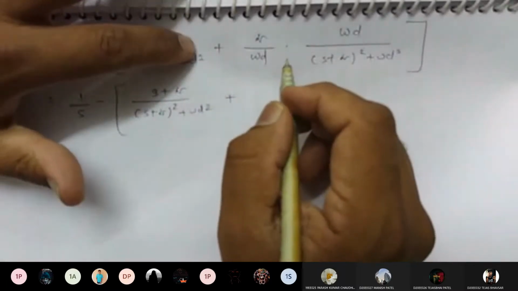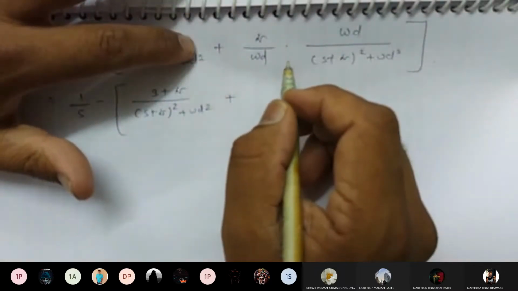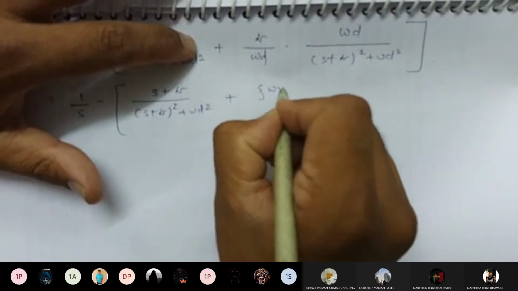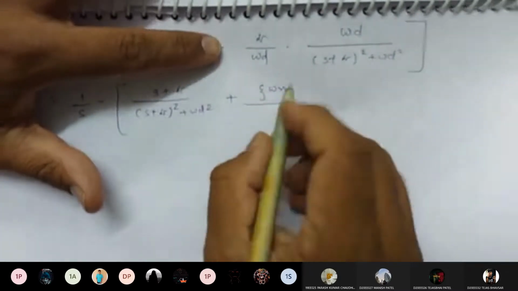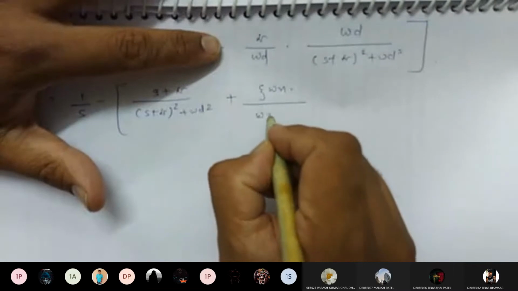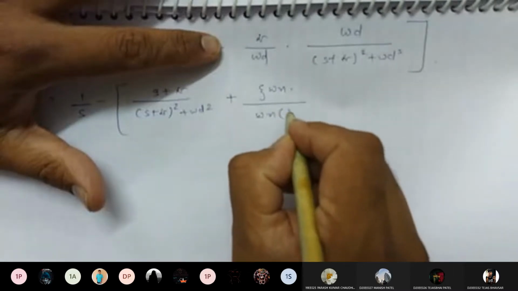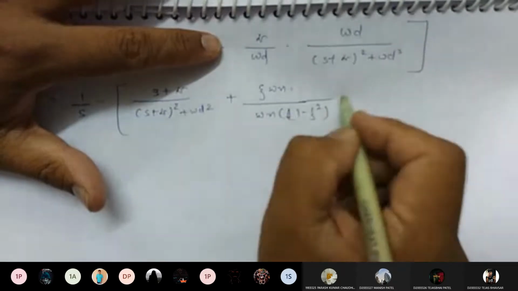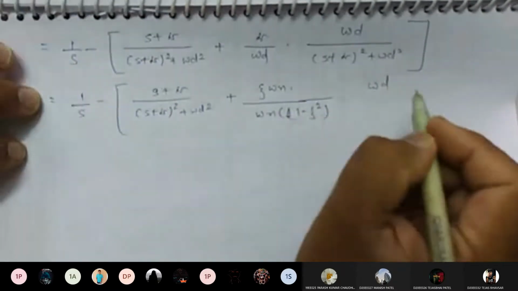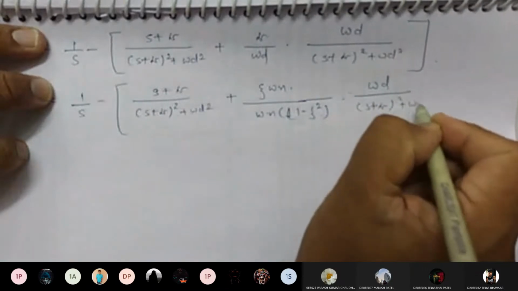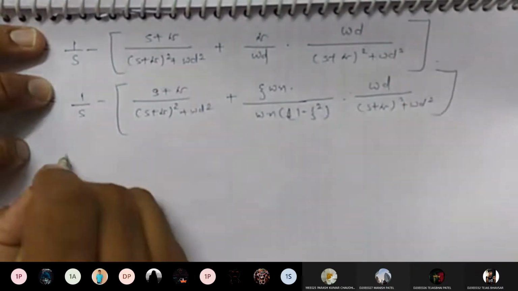What is alpha? Alpha is nothing but zeta into omega n, divided by omega d. What is omega d equal to? Omega n into bracket 1 minus zeta square, into omega d divided by (s plus alpha) whole square plus omega d square.